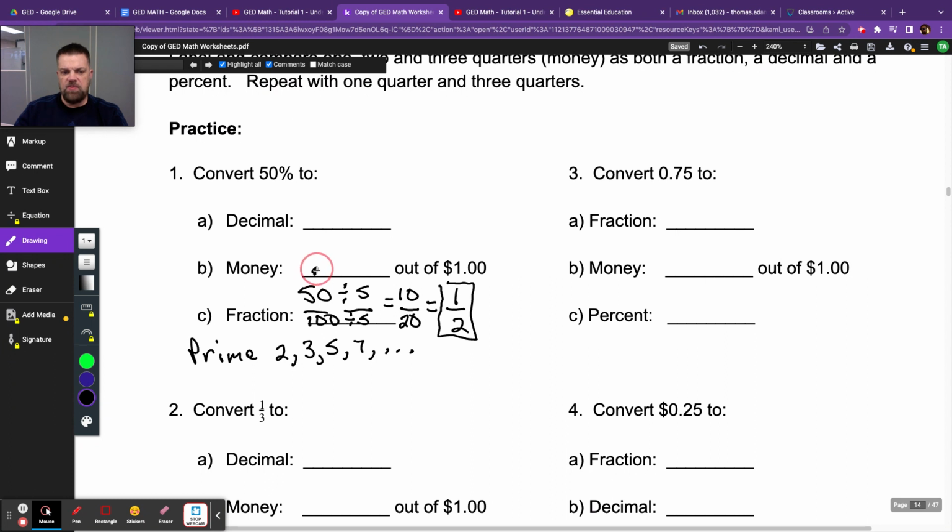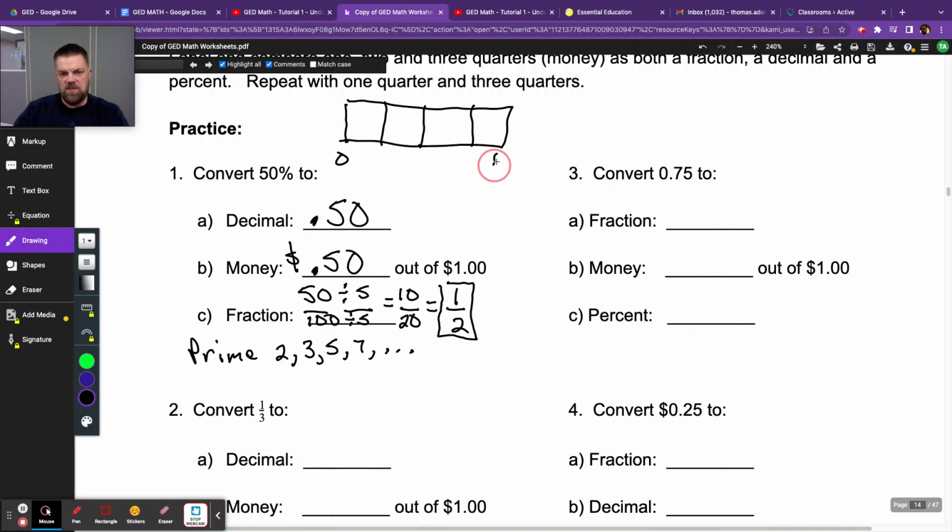For money, it's 50 cents, right? And that's the same for the decimal, it's 0.50. Now, if we were to do this with this kind of thing here, like we were doing up above, this would be 0, this would be 100, or $1, depending on how you look at it. 50 cents would be 1/2, or 50% would be 1/2.